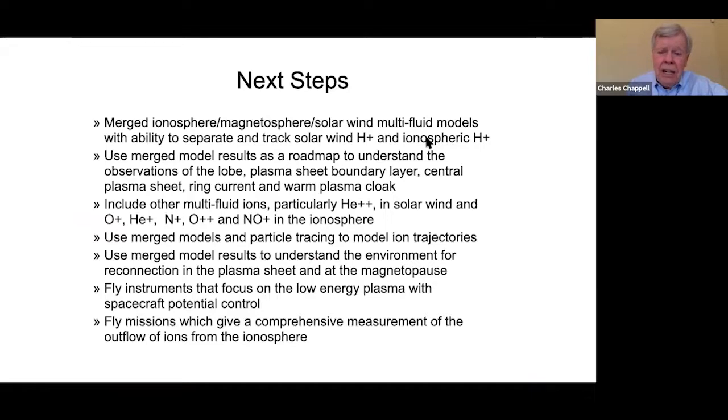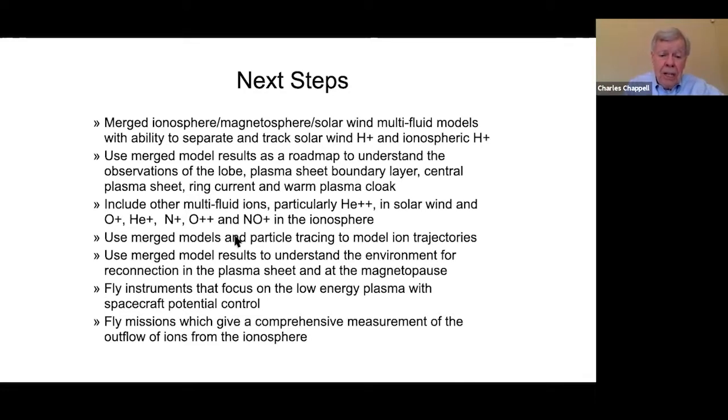There's going to be a lot of wonderful information that comes out of running these multi-fluid models. And we use those models as a roadmap to help understand what we're looking at in the particles. And we can include other multi-fluid ions, of course, solar wind, we can add He double plus, and then all the ions that you see coming out of the top of the ionosphere, particularly O plus, He plus, N plus, O double plus, some NO plus.